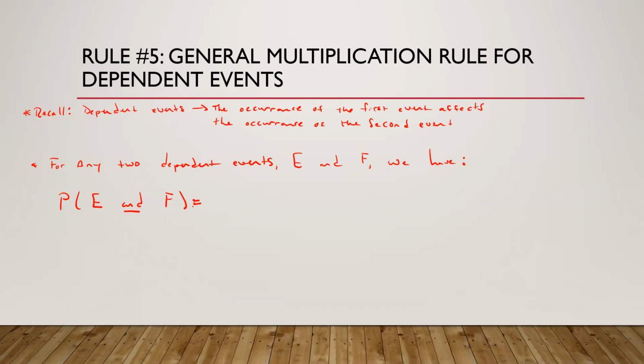Multiplication. It's going to start the same. You take the probability of the first event, and now you're going to multiply it by, but here's the thing, when you go to find the probability of the second event F, remember what happens first is going to affect the probability that the second one happens. So you multiply by the probability event F happens given that event E happened first.